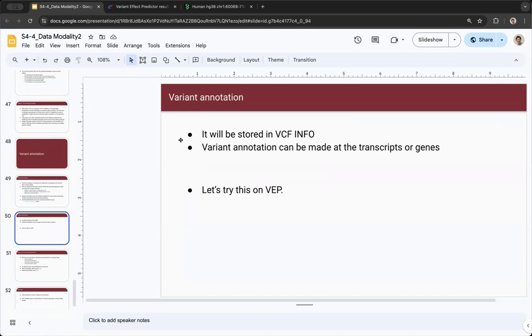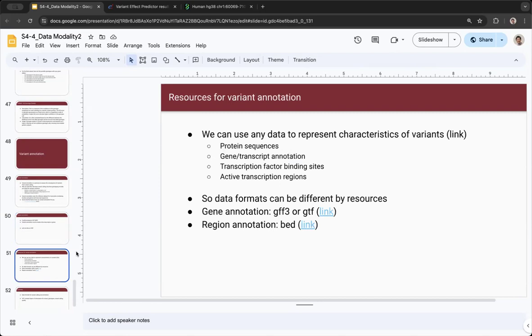You don't have to do this for every genotype, only one time at every locus, every variant. So what is the resource for variant annotation?